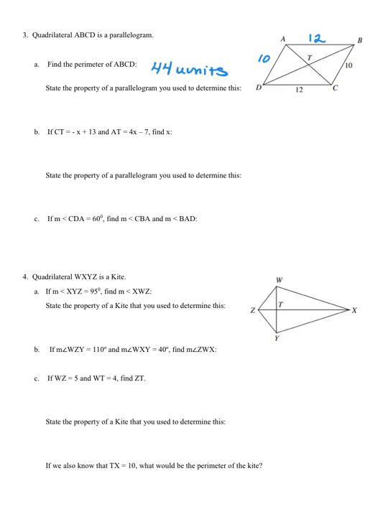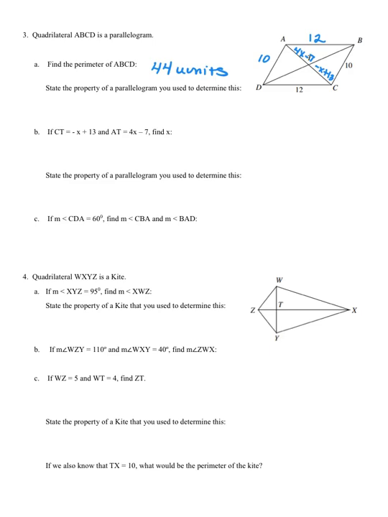And of course, the property that we used is that opposite sides of a parallelogram are congruent. And so if CT is equal to negative x plus 13, and AT is 4x minus 7, now we're working with one of the diagonals of this parallelogram. And we have another property of parallelograms that says the diagonals are going to bisect each other, which means they split each other into equal segments.